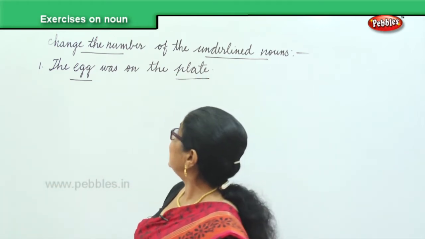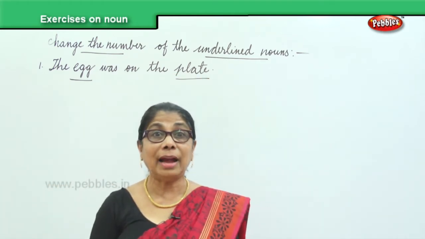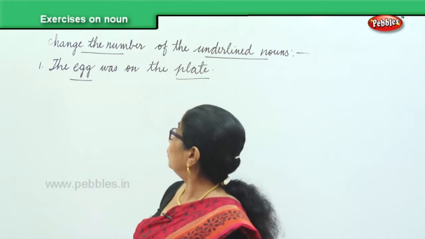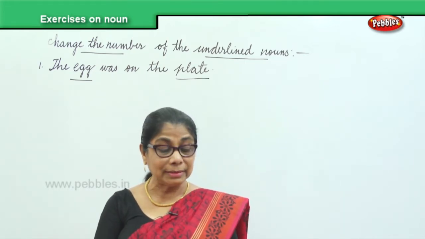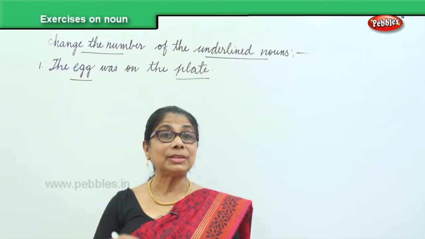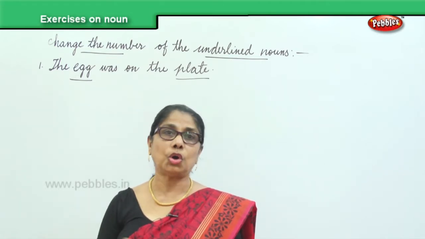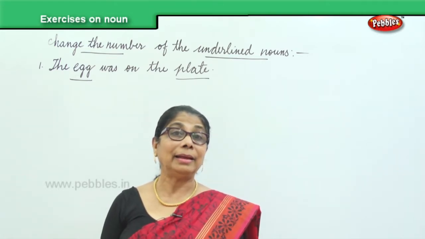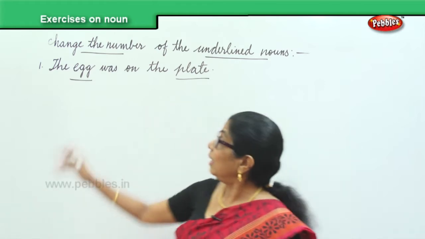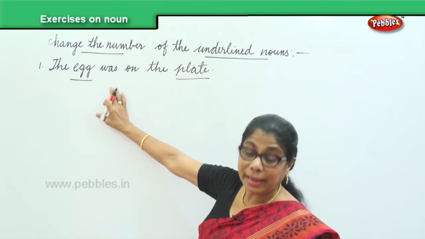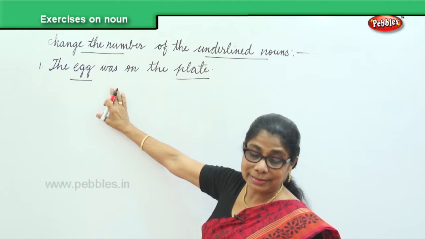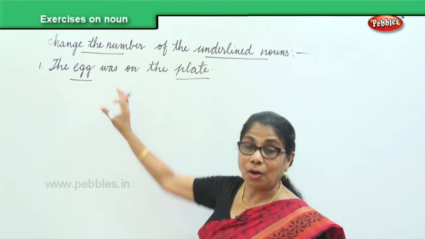It says change the number of the underlined noun. Now, egg and plate are underlined. So, what will be the answer? The egg was on the plate. Now, if you change it, the verb will change: the eggs were on the plates.